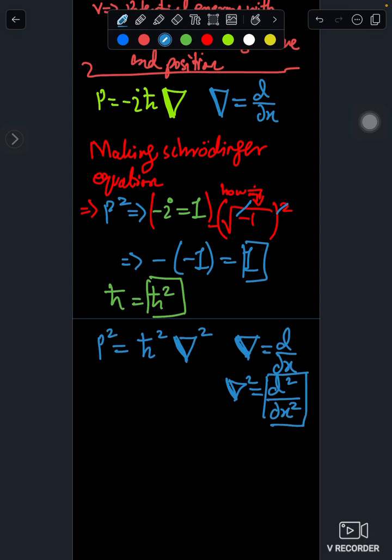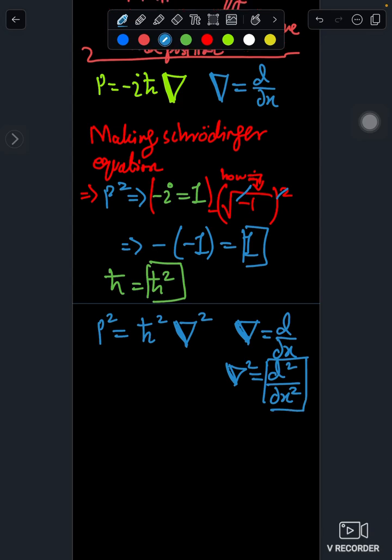This is the second derivative of the gradient operator.